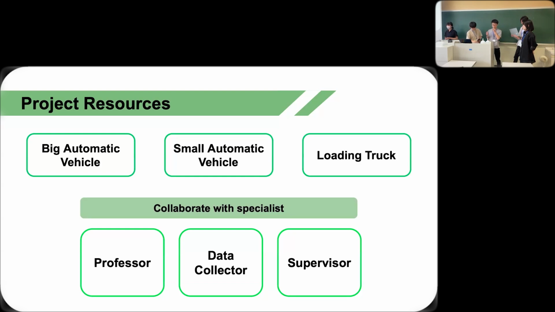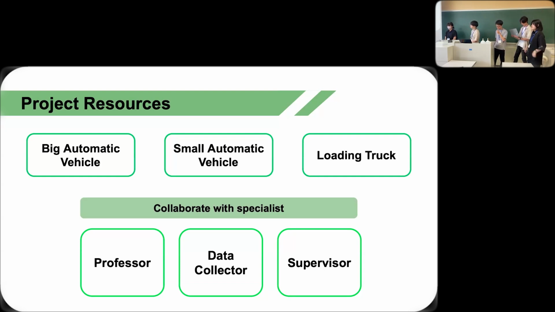Okay, next I will talk about our project resources. Our project needs mainly three resources. To remove snow on both wide roads and narrow sidewalks, we need big automatic vehicles and small automatic vehicles. And also, loading trucks are used to transport snow to snow removal sites.